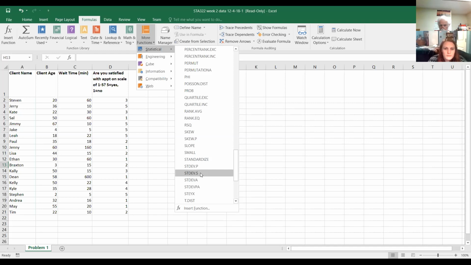Whereas with a sample, and unless you are told otherwise, always assume a sample. A sample is a subset of the population. And this may be just a random series of people taken during a week. We have no information as to how these particular patients were chosen. So I would assume a sample.